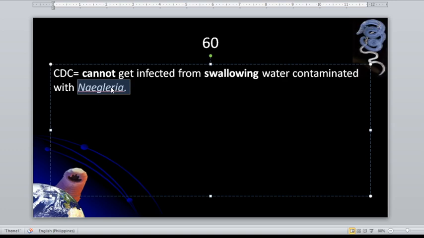Drinking or swimming may also lead to Naegleria fowleri infection. But it doesn't mean na kapag lumangoy kayo sa ilog, magkakaroon kayo ng PAM. A requirement there is the water must be infected and it will have access to your nasal mucosa.